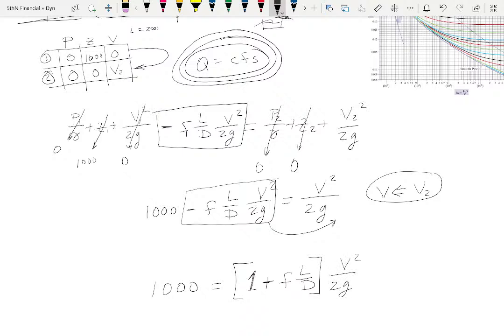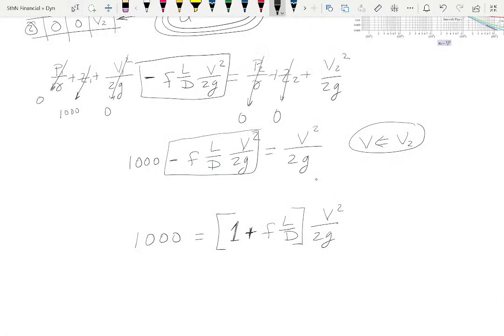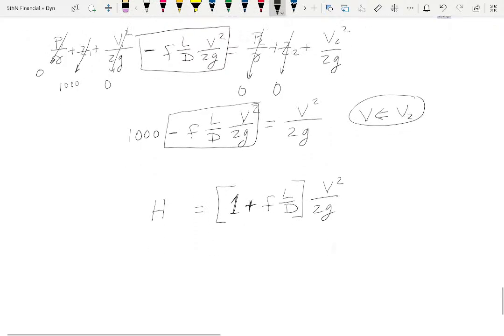Now I'm going to put stuff in. So moving this over, this V squared and this are the same thing. If I wanted to, I could just call it H.